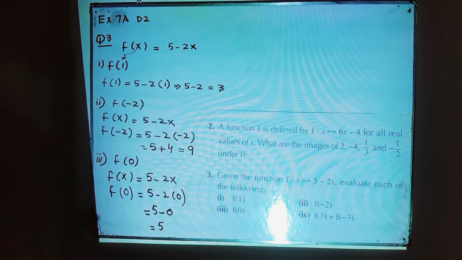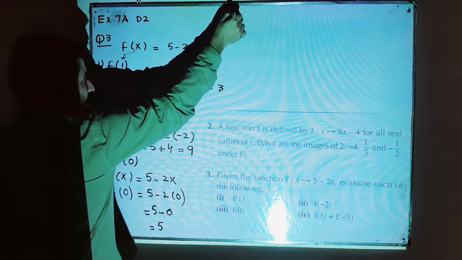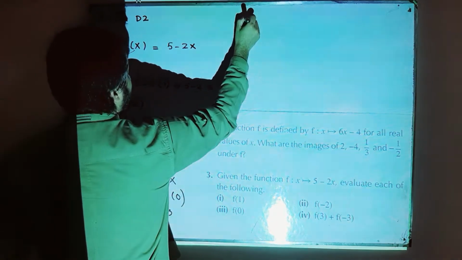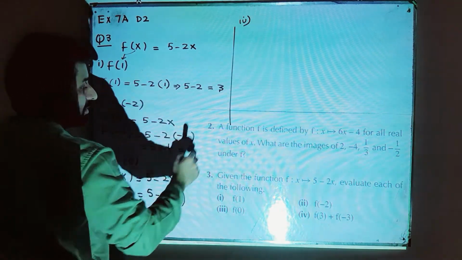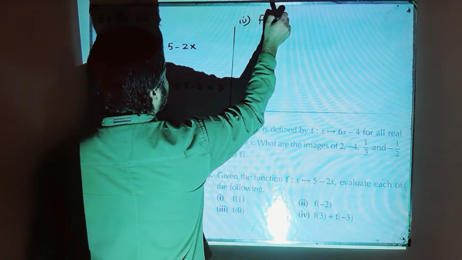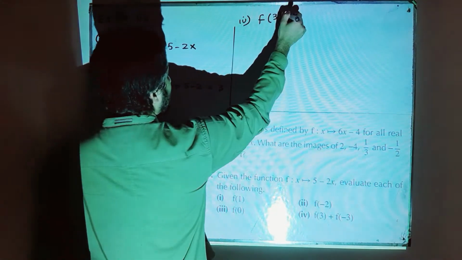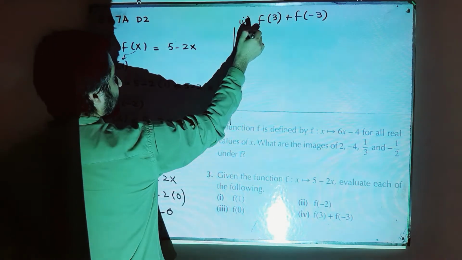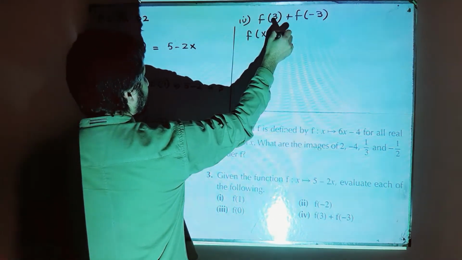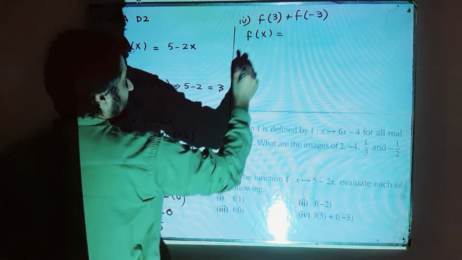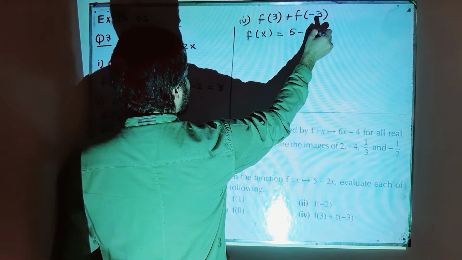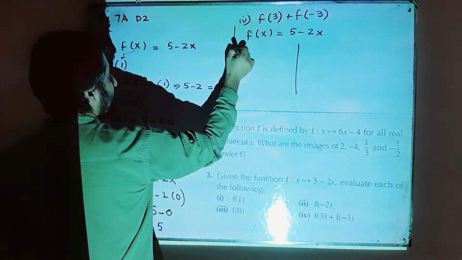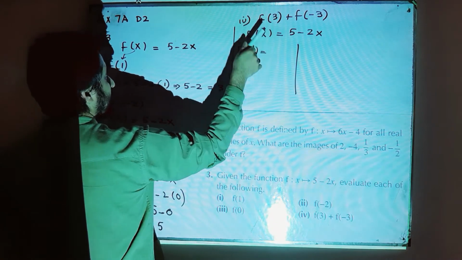So this is the solution up to part number 3, and we have part number 4 as well, and that is, I have to find the value of f3 plus f minus 3. Given function is f x is equal to 5 minus 2x. First of all, find the value at f3.